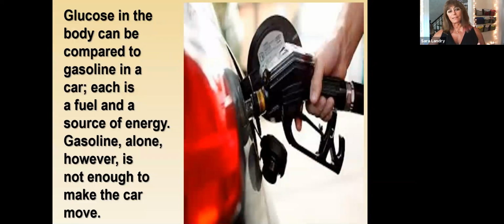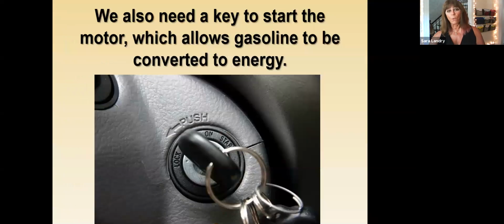Glucose in the body can be compared to gasoline in a car. Gasoline is a fuel, glucose is a fuel, and they're a source of energy. If you put gas in your car, that's not enough to make the car move, right? You need more than gas. What you need is a key to start the motor, and that allows the gasoline to be converted to energy to make your car move.